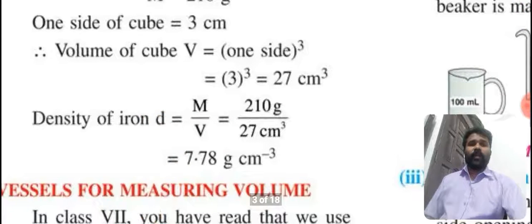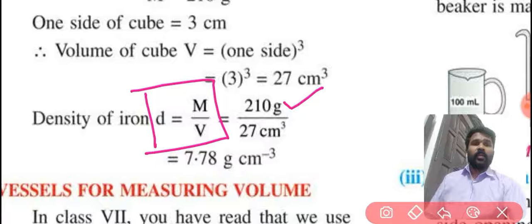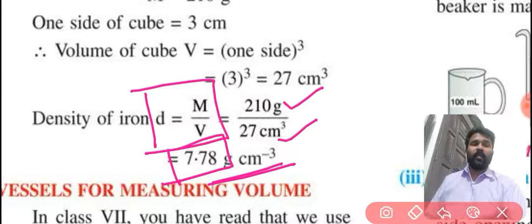Now we can find out the density by using the formula density D is equal to M upon V. We know the mass is equal to 210, then volume is 27 centimeter cube. By doing the calculation, 210 upon 27 will get the answer 7.78 gram per centimeter cube.